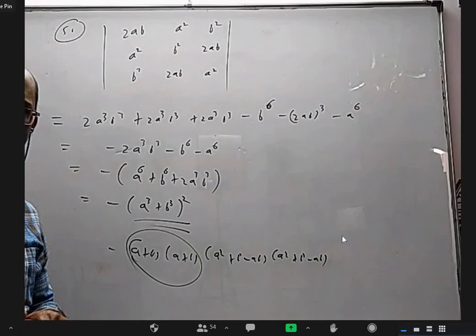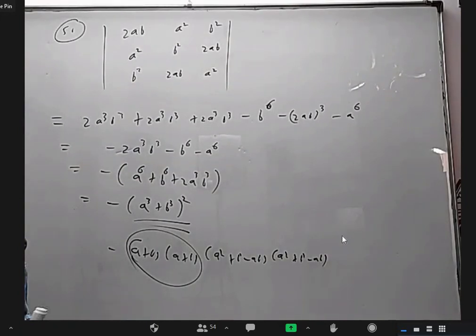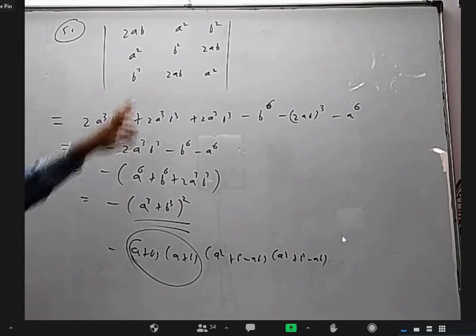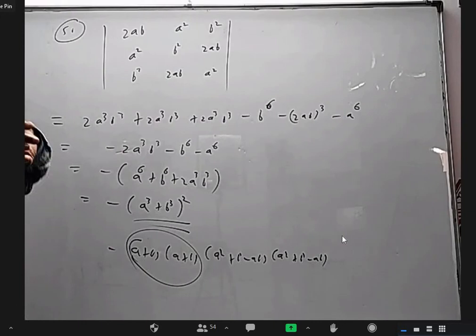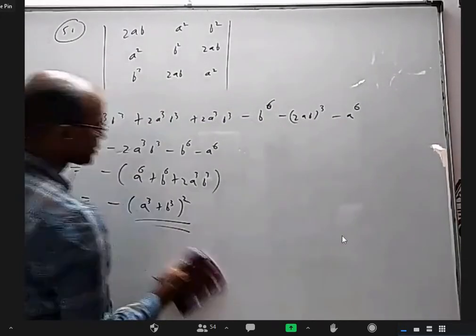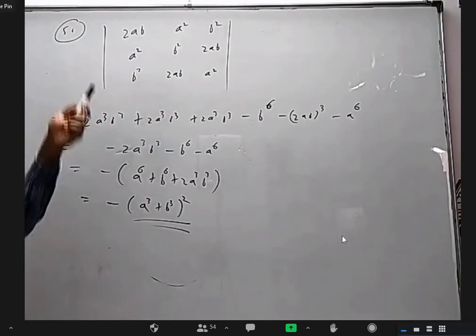Now tell what you want to say. Like row 2 equals row 2 minus row 1, in that process also we can do. If you do that, are you getting something common? Because there is a 2 here and there is a 2 here. What will come common?